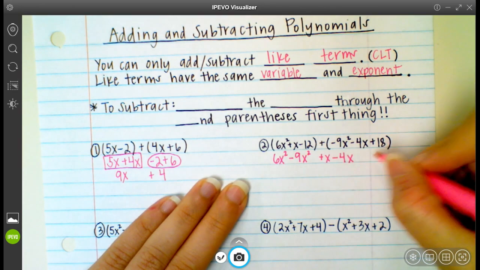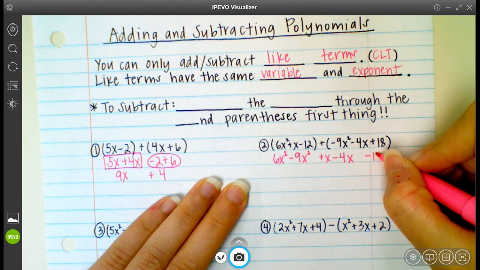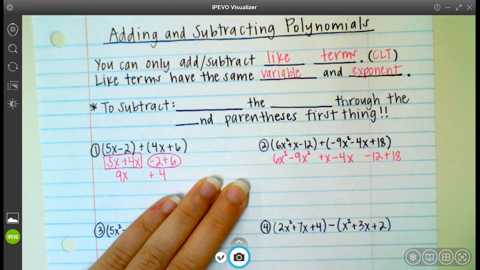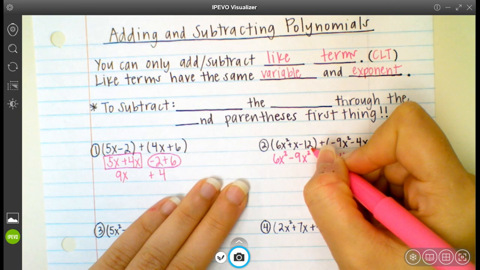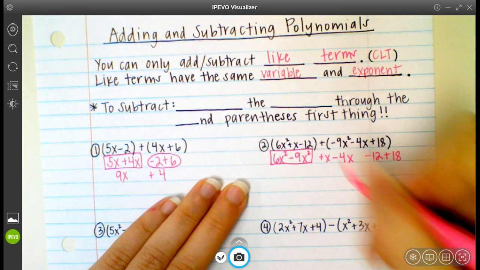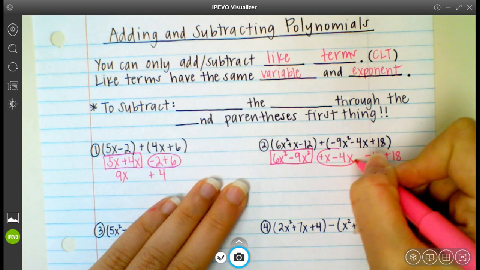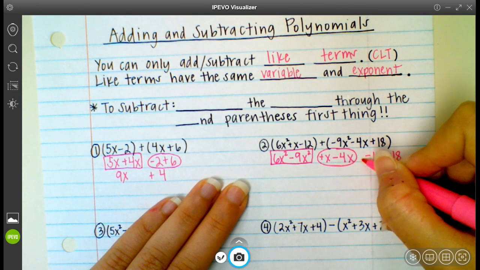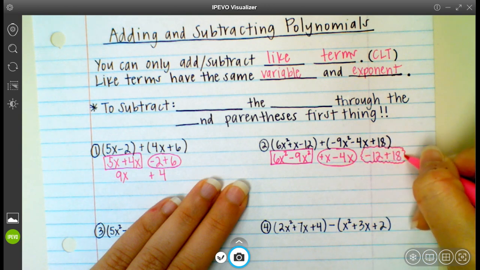In the first parenthesis, we have a minus 12, and in the second parenthesis, we have a plus 18. So now let's go ahead and combine our like terms. When you're adding your polynomials, you literally take the signs they have and combine them as you go. So we're going to combine these guys as we go along.